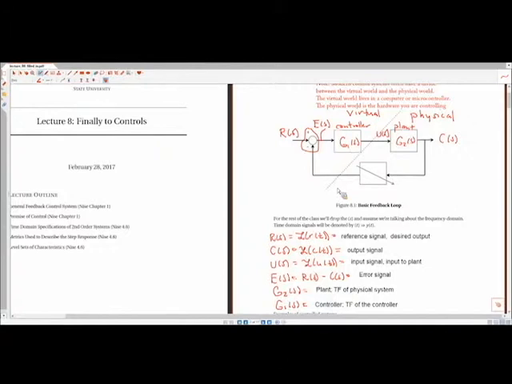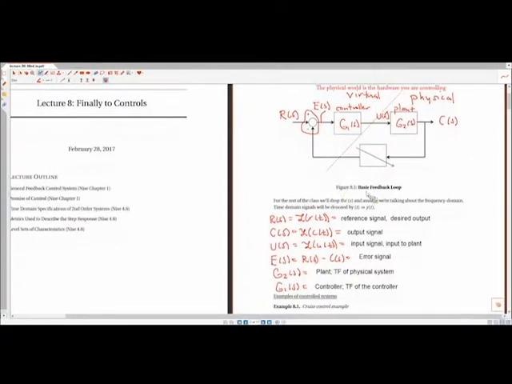Then the last element here, ran myself out of space, but this is our sensor. So H of S. And so for this class, we are going to assume that we always have some sort of a sensor that can measure whatever the output is, right?